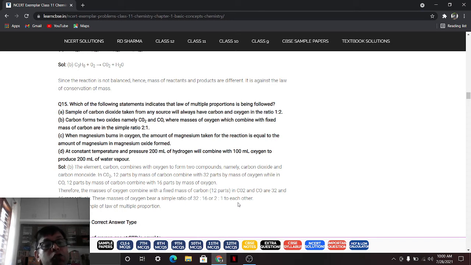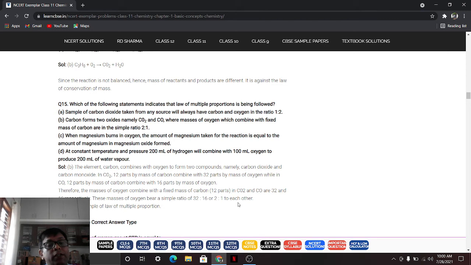Carbon forms two oxides, namely CO2 and CO, where masses of oxygen which combine with a fixed mass of carbon are in the simple ratio 2:1. ಇದು correct. ಯಾಕೆ ಅಂದ್ರೆ the element carbon combines with oxygen to form two compounds, namely carbon dioxide and carbon monoxide.